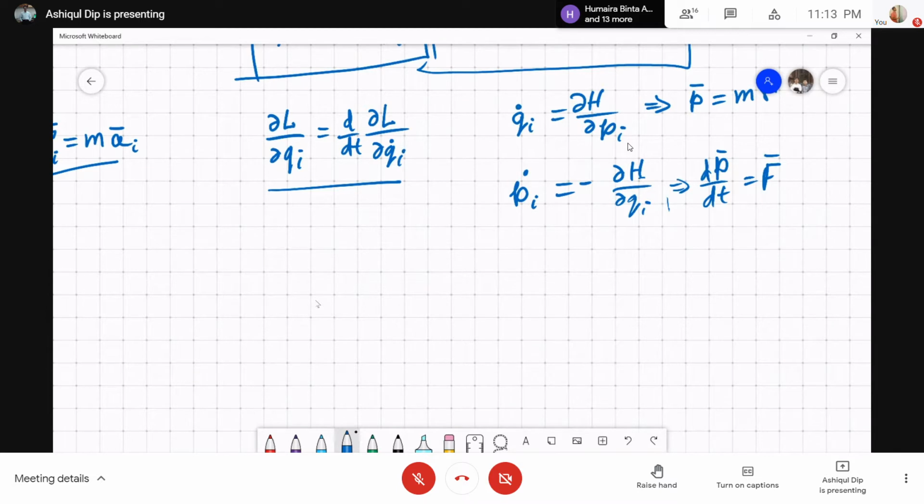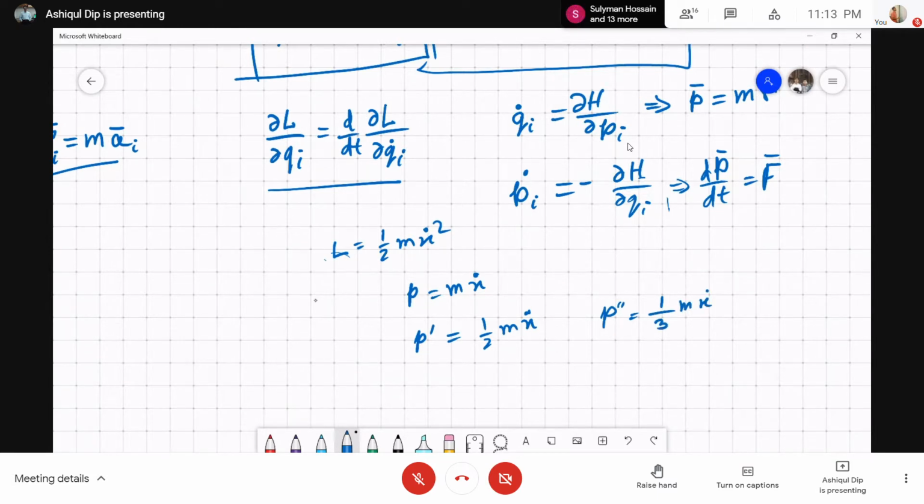So let me give you an example. You have a Lagrangian for a freely moving object like L equals to half m x dot squared. Then you know for sure that momentum is conserved, that is mx dot. So p prime, half of mx dot, that is also conserved. P double prime, that is let's say defined as 1/3 mx dot, that is also conserved, right?